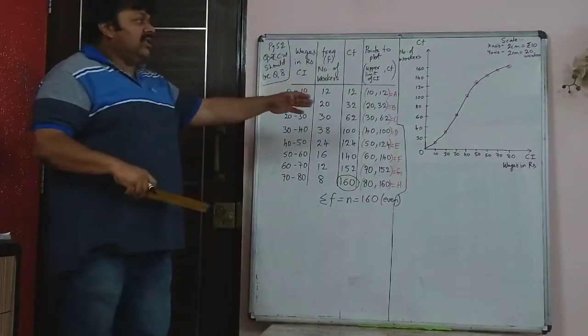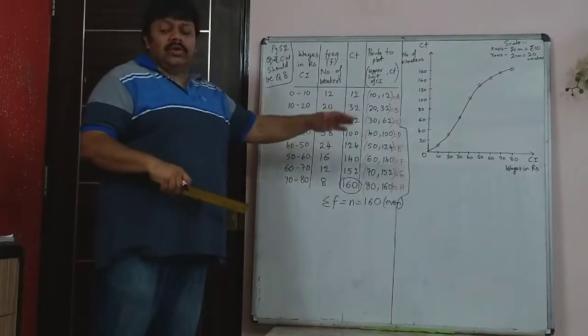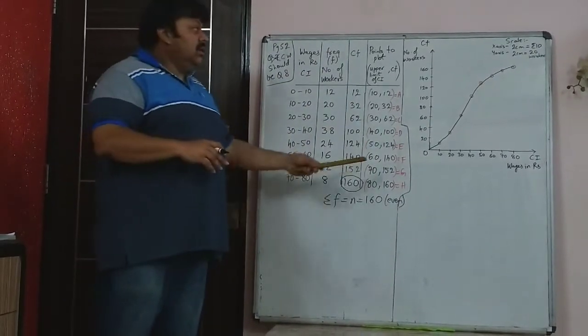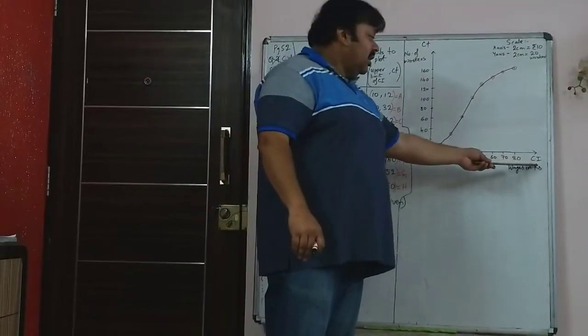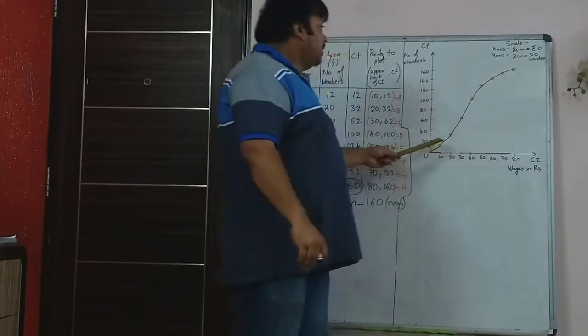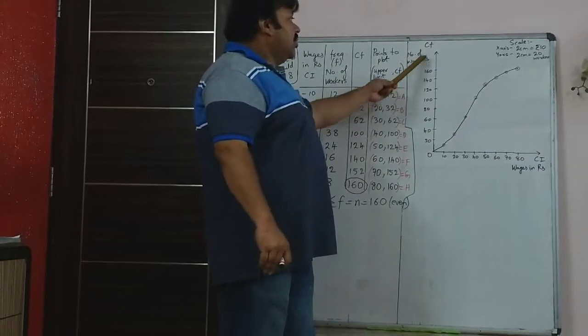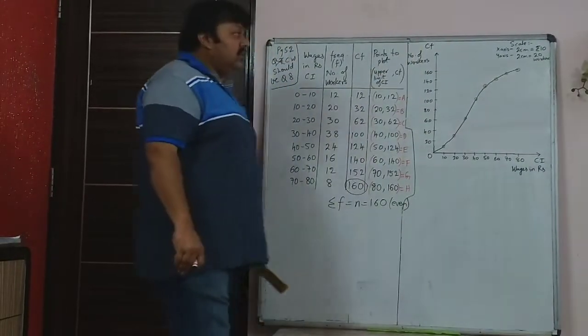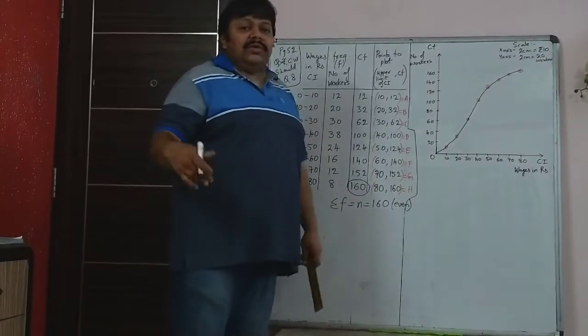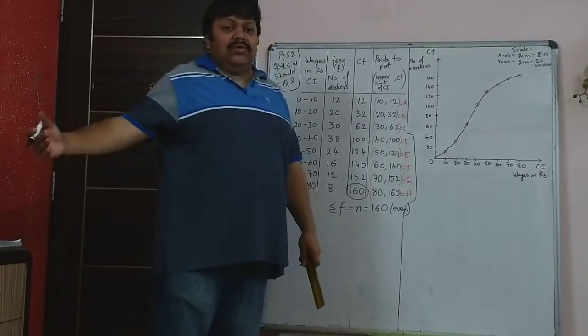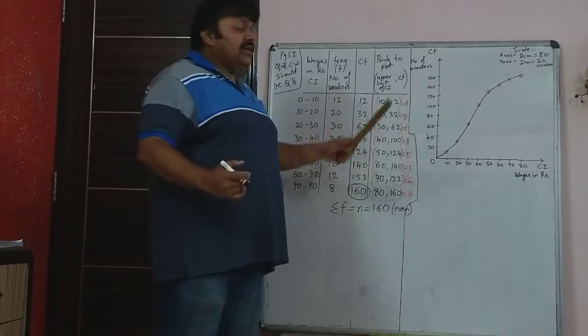So this is the first thing that you are supposed to draw: the graph with x-axis class interval wages in rupees and y-axis number of workers, cumulative frequency. Once you plot this, we will see one term which you have to find using this graph.